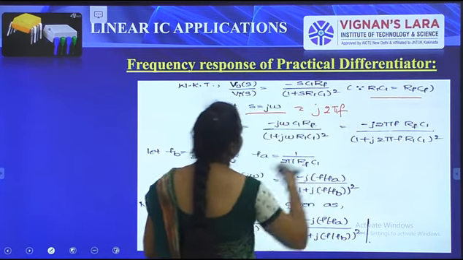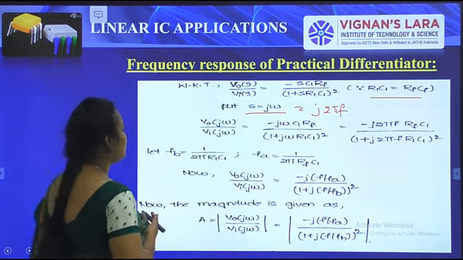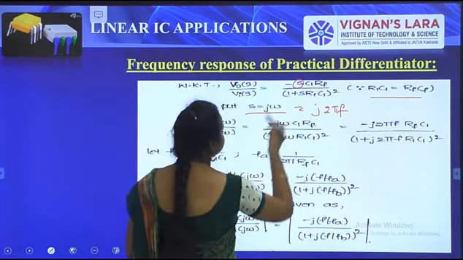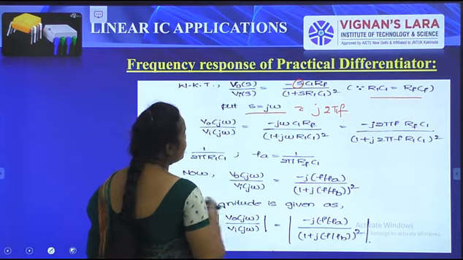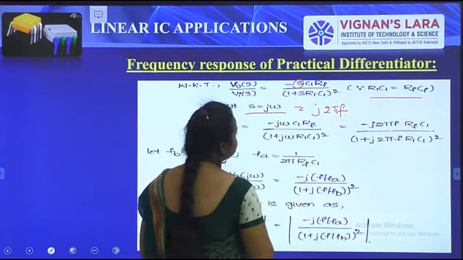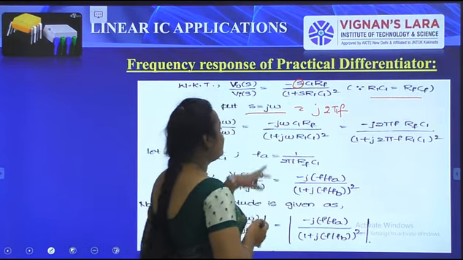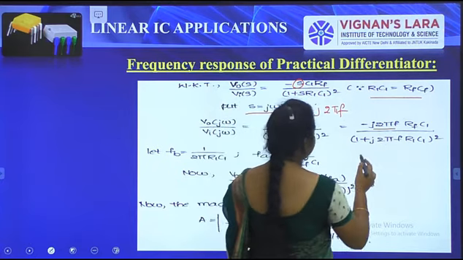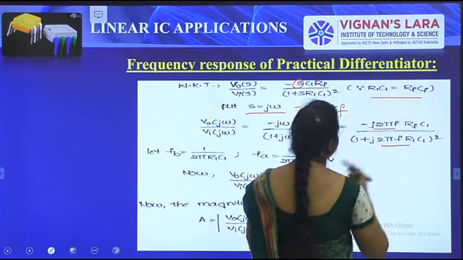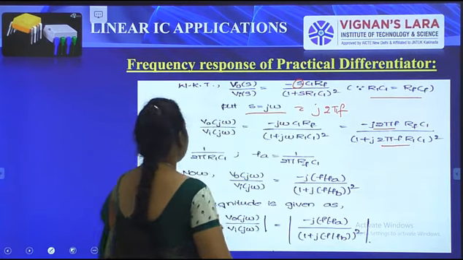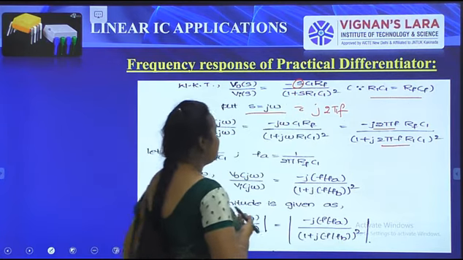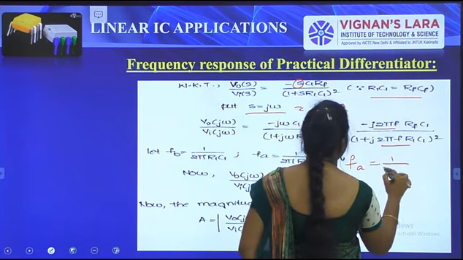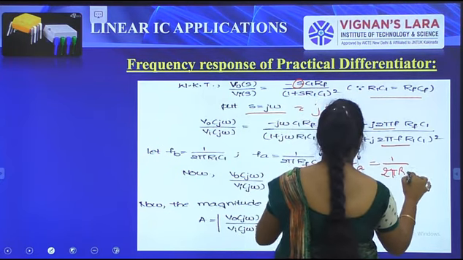You already know about these terms. V naught by J omega is equals to minus, in the place of S, minus J omega C1 RF by 1 plus J omega R1 C1 whole square. So here omega means 2 pi F RF C1 by 1 plus J 2 pi F R1 C1 whole square. So FA we can consider as 1 by 2 pi RF C1.